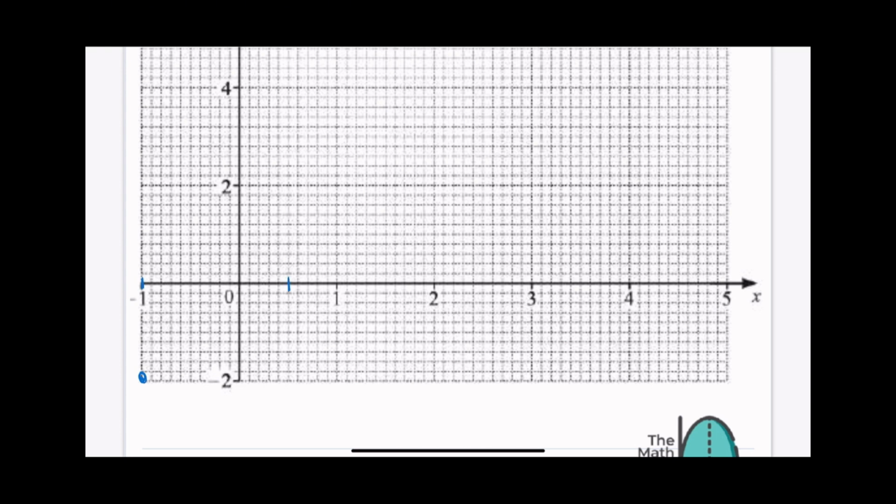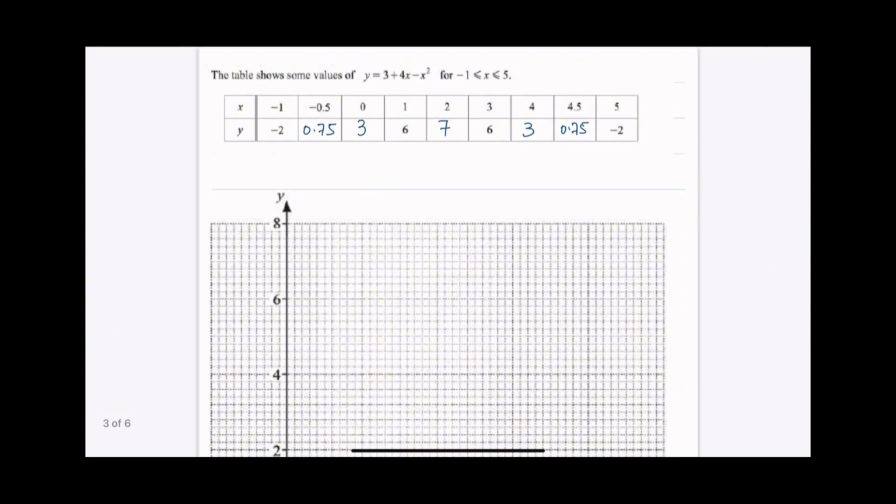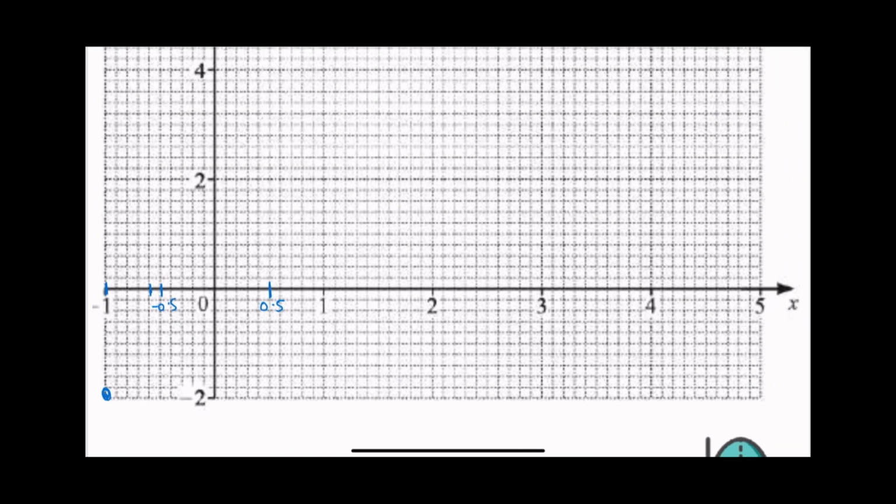If 10 small blocks represent 1, then 5 blocks represent 0.5. At -0.5, the value is 0.75 positive. If 10 blocks on the y-axis represent 2, then 5 blocks represent 1. Somewhere here, not drawn accurately, is going to be 0.75.